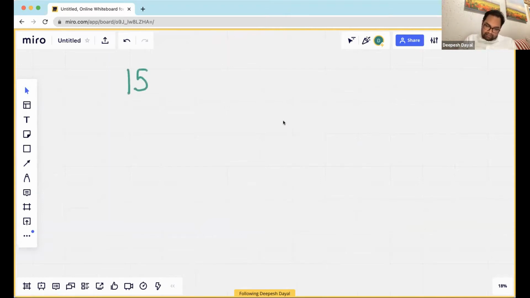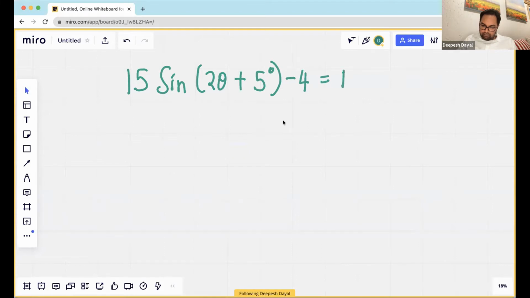15 sine 2 theta plus 5 degrees minus 4 equals 10.